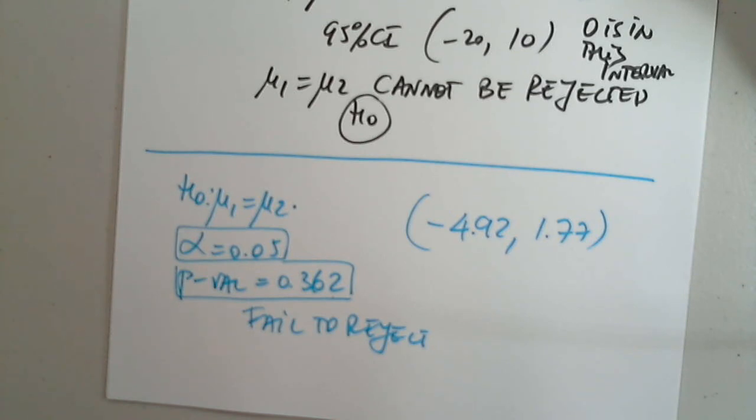It supports the conclusion that population means may be different. And because it's consistently negative, the second one is bigger. Any questions?